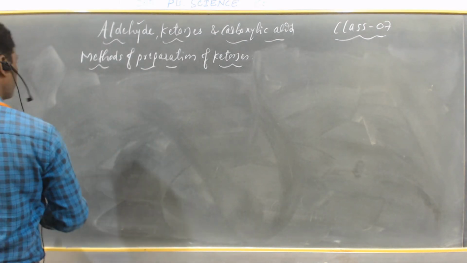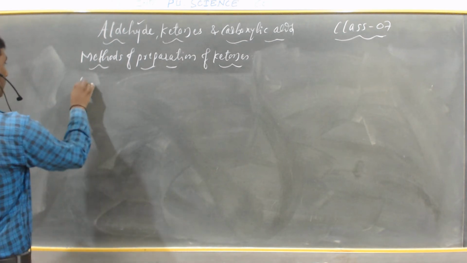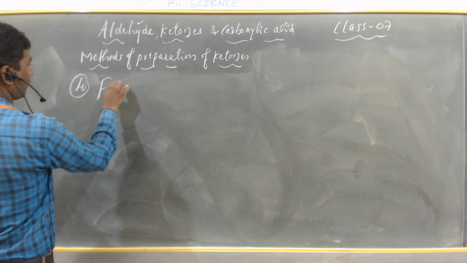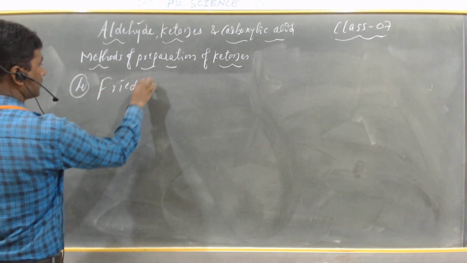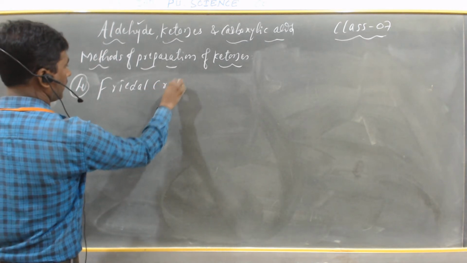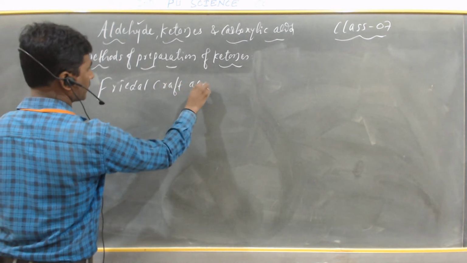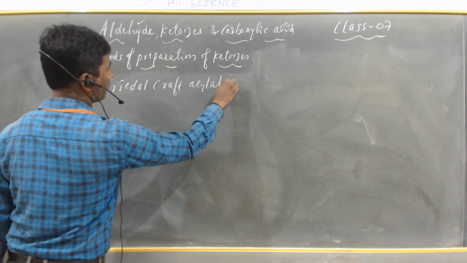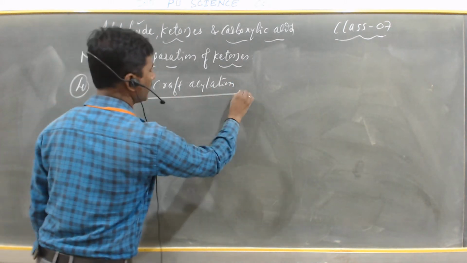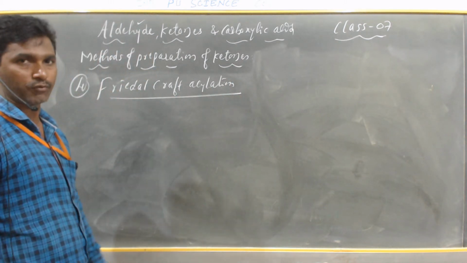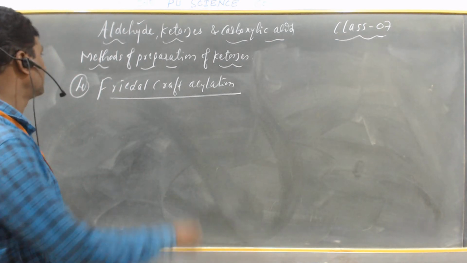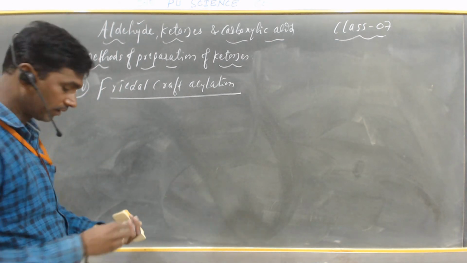The next, fourth method of preparation is Friedel-Crafts acylation. How do you prepare? First is from acid chloride, second from nitrile, third from ozonolysis, fourth from Friedel-Crafts acylation.